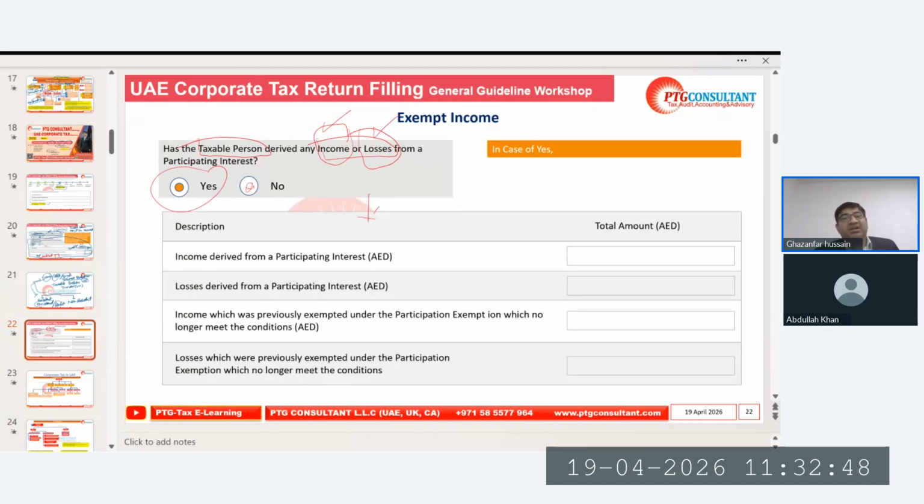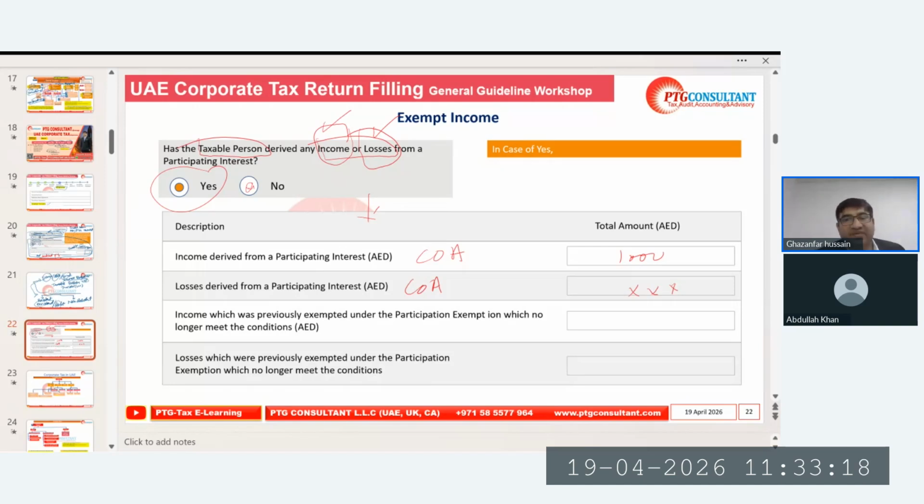What they mean is they will track them separately: the income derived from the participating interest, let's say 1,000, or the losses derived from the participating interest, we have to write separately. And in our accounting system, we also have to keep a separate chart of account for both of them. Why? Because the same figure we have to report over there.